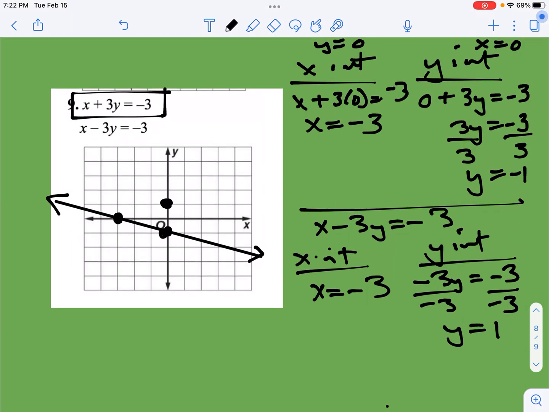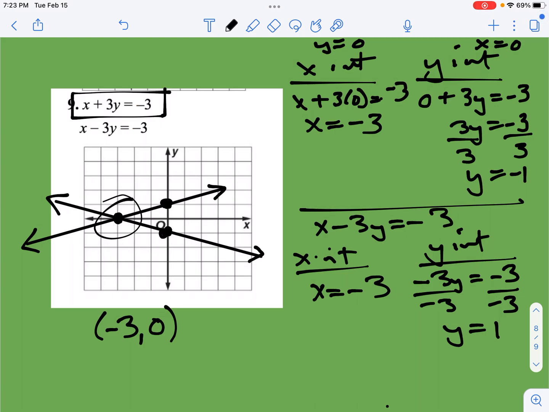We are just kind of lucky in that they meet at the x-intercept. They meet right here. So the solution for this one is the point negative 3, 0. And that's kind of cool. That worked out pretty well.